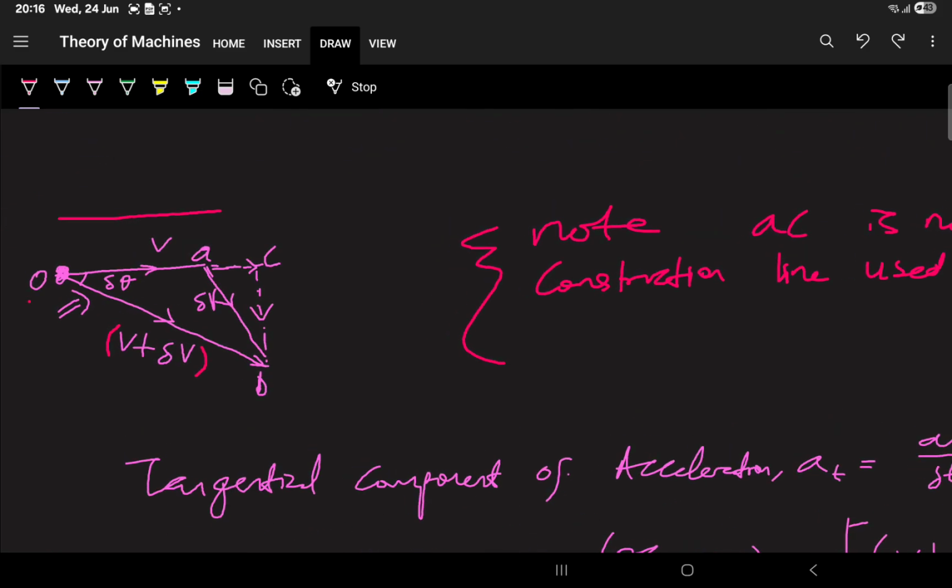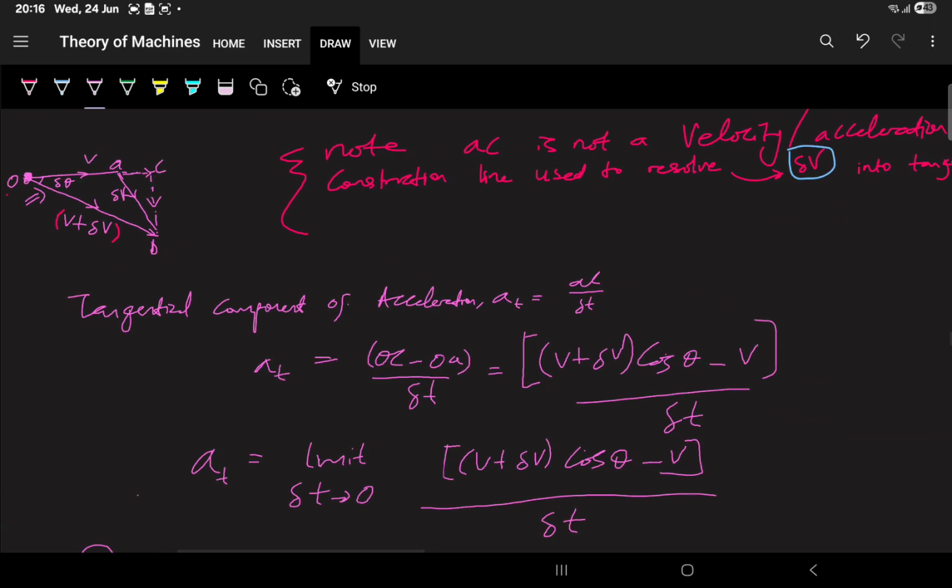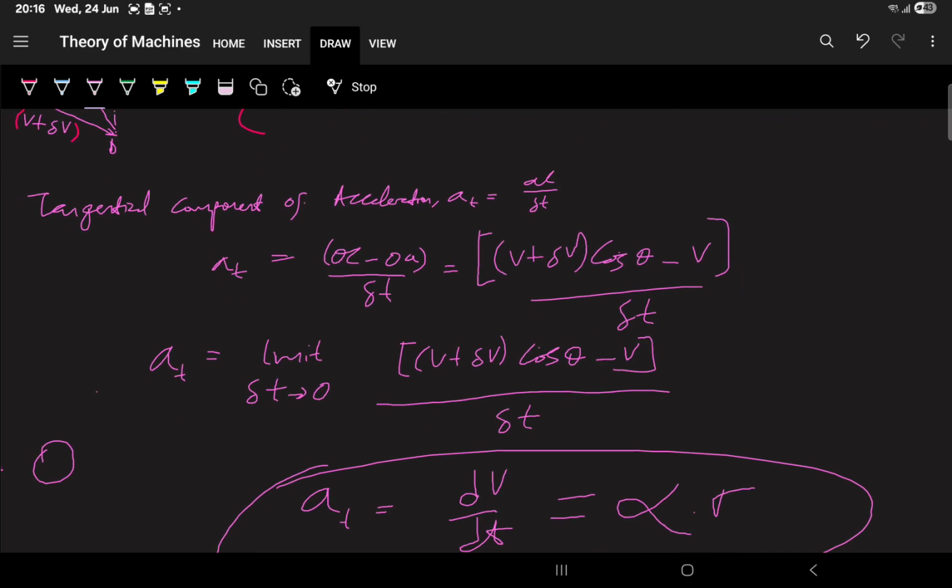And what's OE? OE is simply V. That's what we have here, divided by change in t, because acceleration is change in velocity divided by change in time. So this is how we have this here. From here we simplify forward.